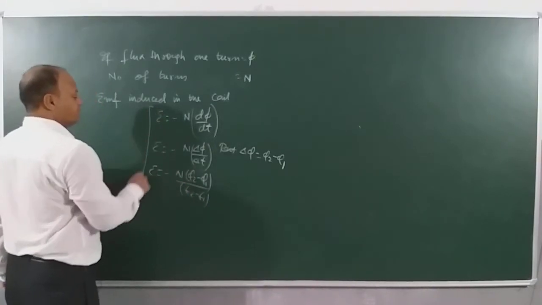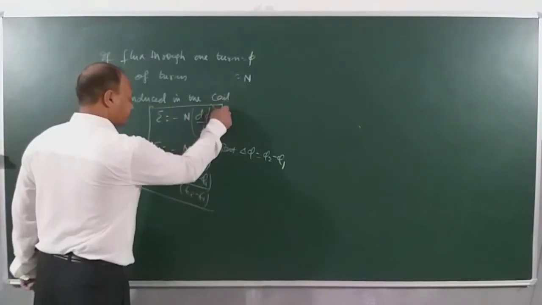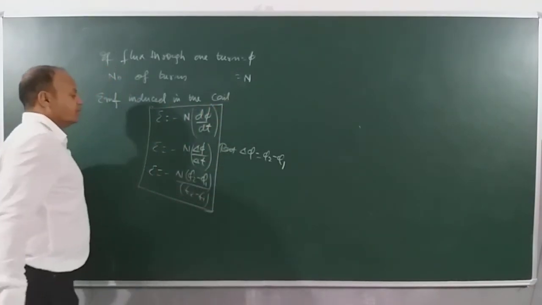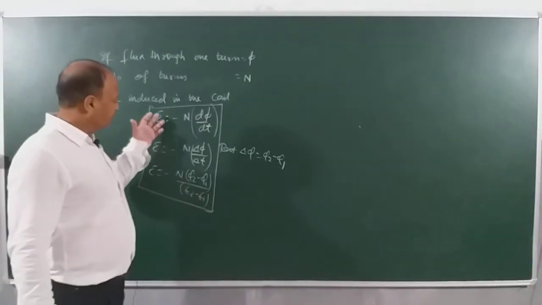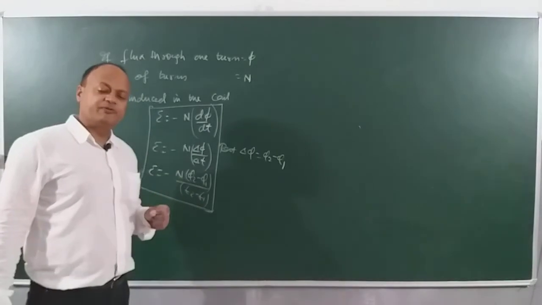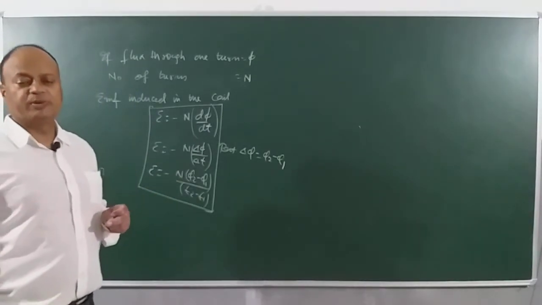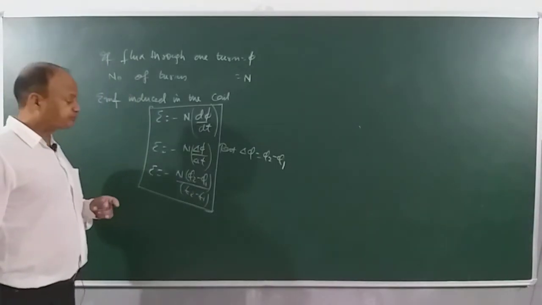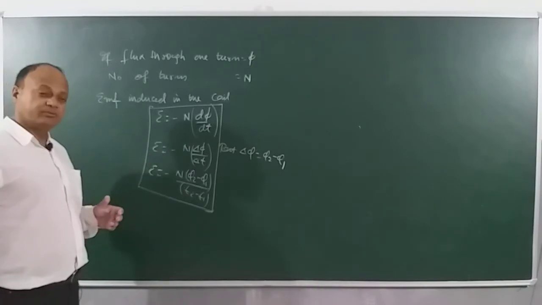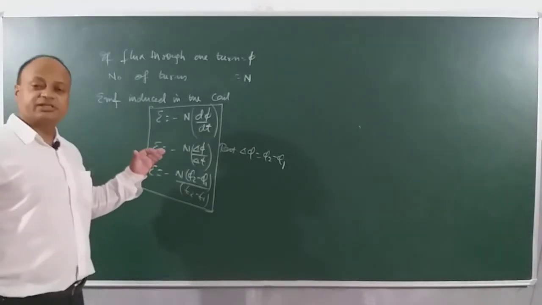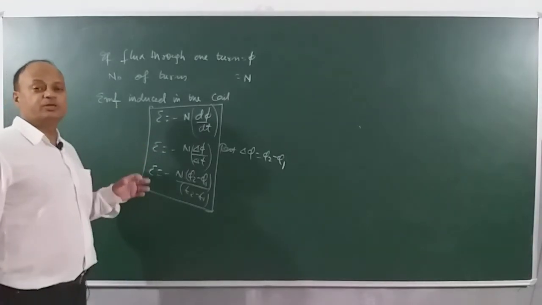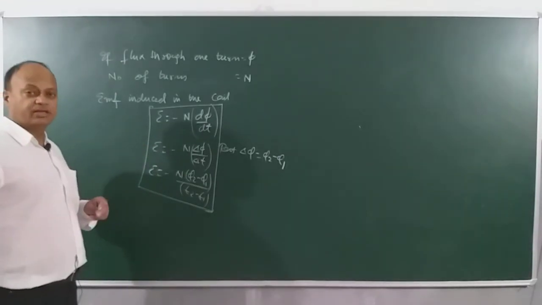So children, these are three formulas that we will be using for the numericals relating to how much EMF is induced due to electromagnetic induction. Clear? Now I will be seeing an important result, but in all these three formulas, remember, the negative sign shows that the nature of the induced EMF is to oppose any change of flux, right?